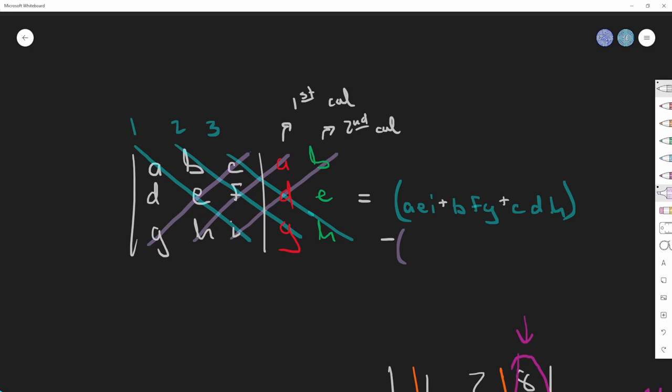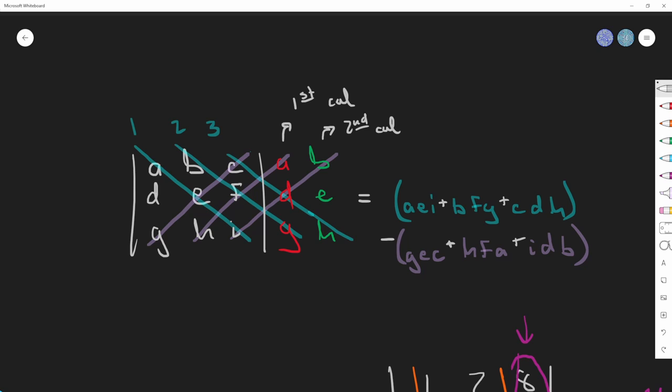And so it'll just be G, E, C, and then H, F, A, and then I, D, B. And then you also add all of them together, and then your answer should just be the determinant.